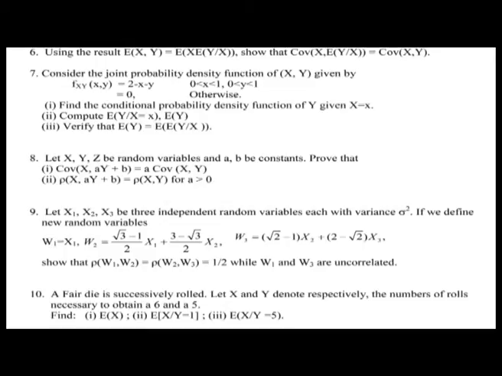Now, find expectation X. That means you will write down the probability mass functions for X and Y, and then compute E X, the conditional expectation of X given Y equal to 1, and the conditional expectation of X given Y equal to 5. It should be easy computation, once we have already handled the case when you had to roll the die till a 6 showed up.